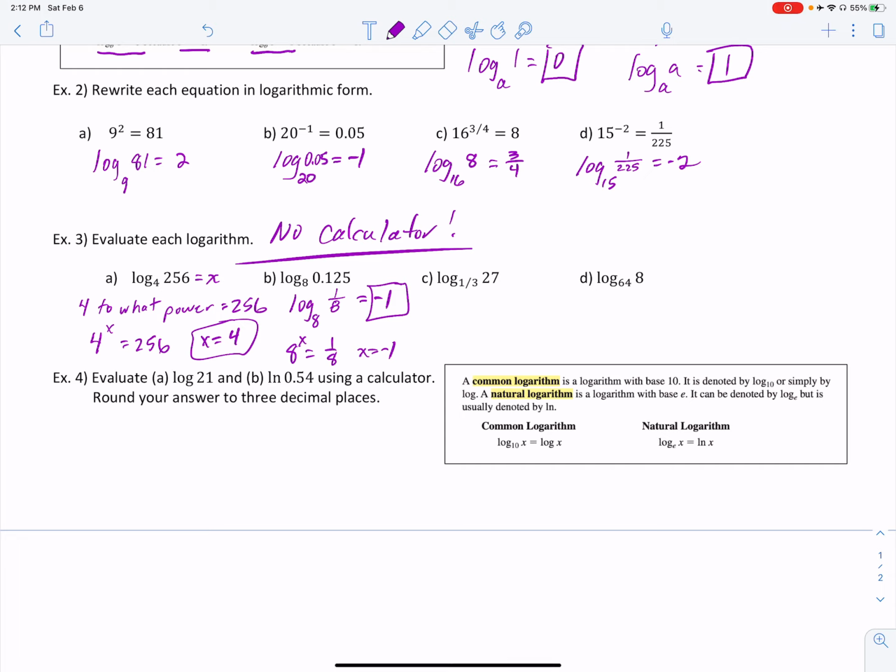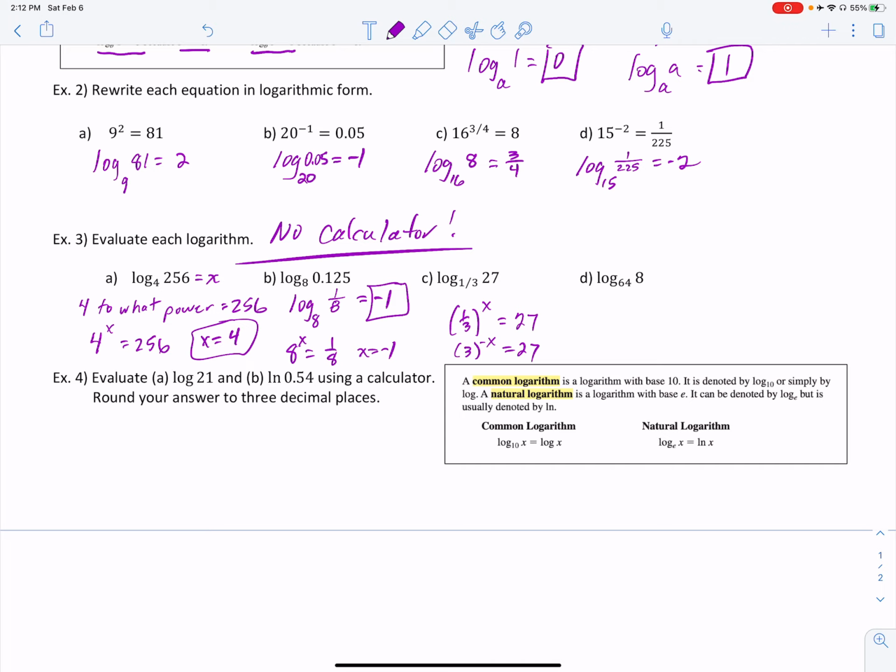The next one, 1/3 to what power is 27? Well, if I make this 3 to the opposite of x, I'm going to get 3 to what power is going to be 27, and it is 3 cubed is 27.